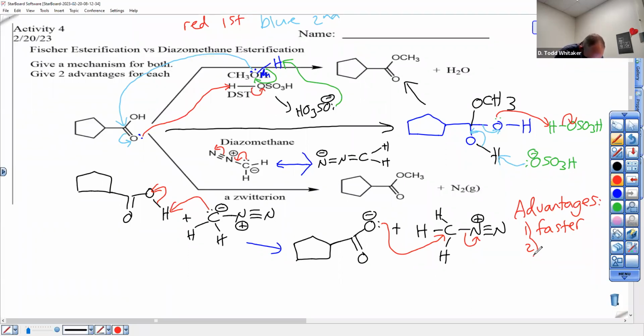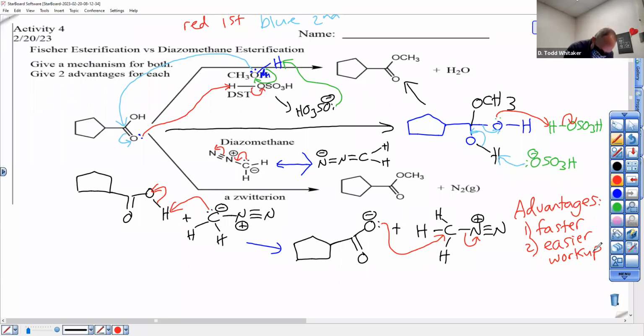But in lab, we don't say that. We say easier work up. Work up's when you get rid of all the side products and things and clean up before you're about to do either a purification or move on to the next step if you deem that this is pure enough already, which it usually is. After the diazomethane esterification, you'll probably just be adding your next reaction on top of that without purifying further.